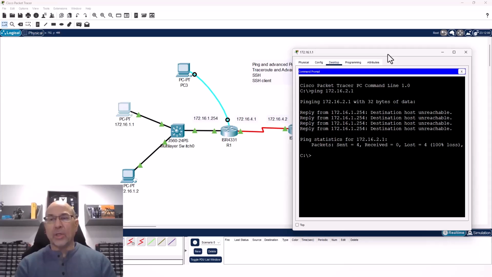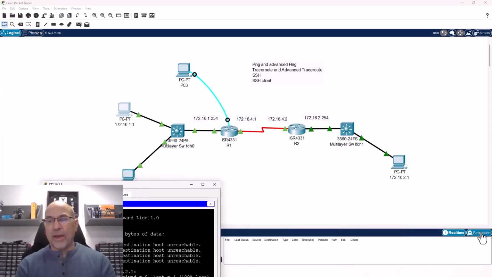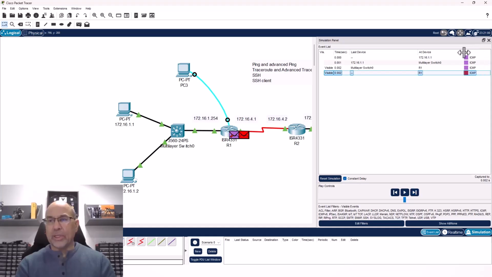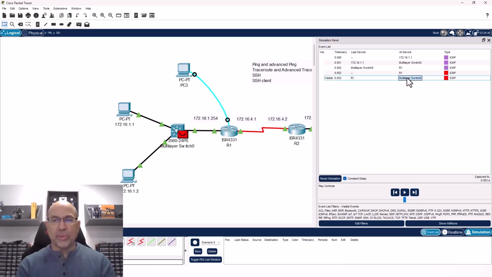Well, what does that look like in traffic? So it goes out from the host to my default gateway. Please help me with this. And we see that the router sends back an ICMP destination unreachable.